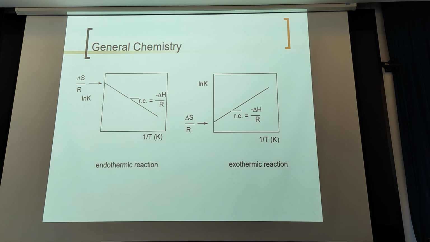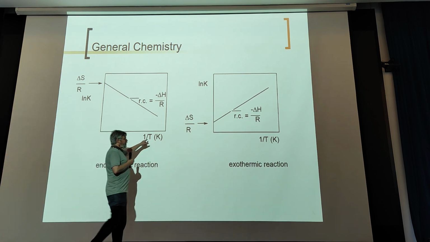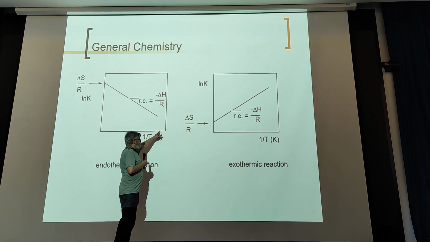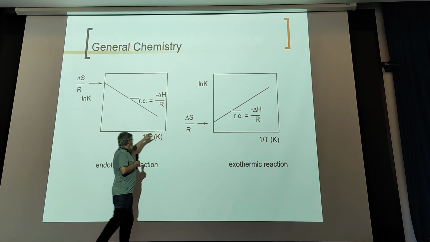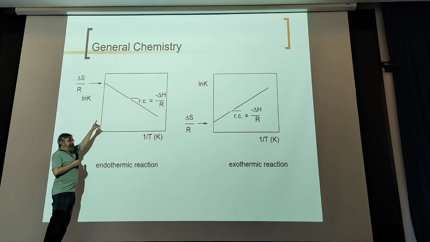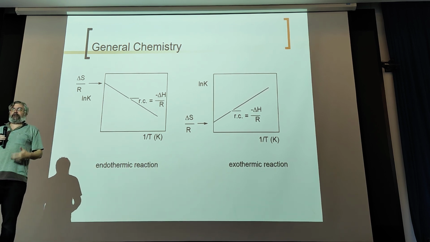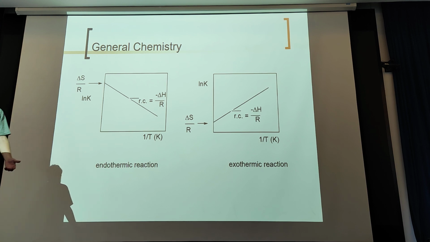So that means minus delta H over R is negative, so your line is going down, but it's 1 over T. So this is the region of low temperatures, this is the region of high temperatures. So you see, at high temperatures, we actually have a high ln K and we also have a high K.